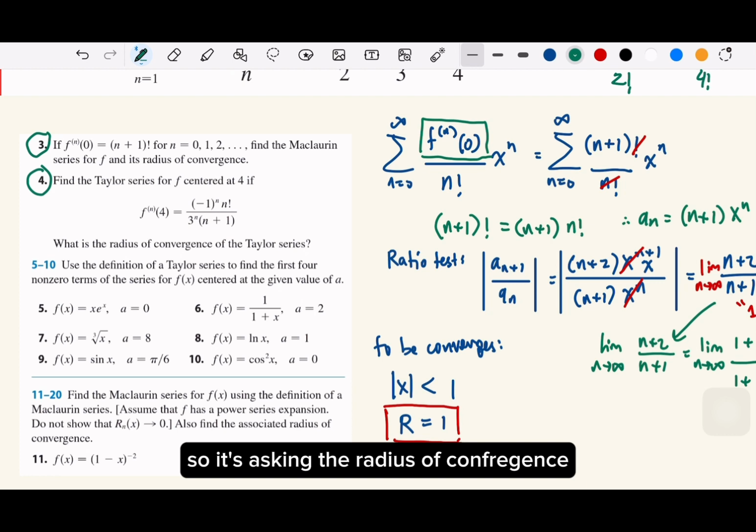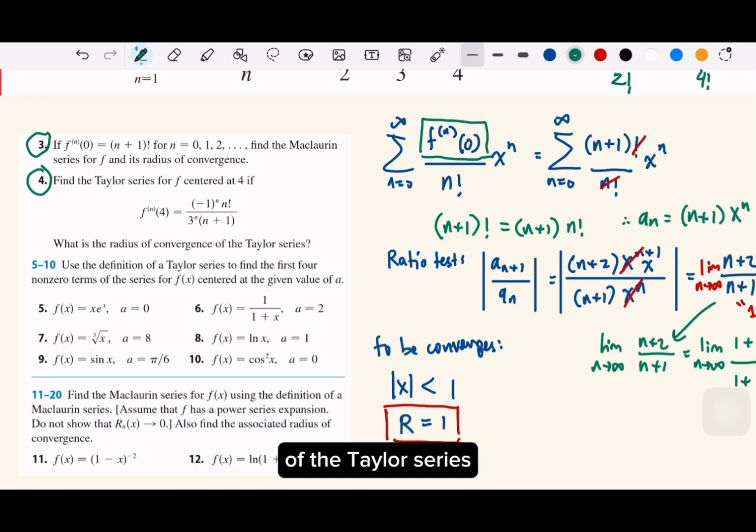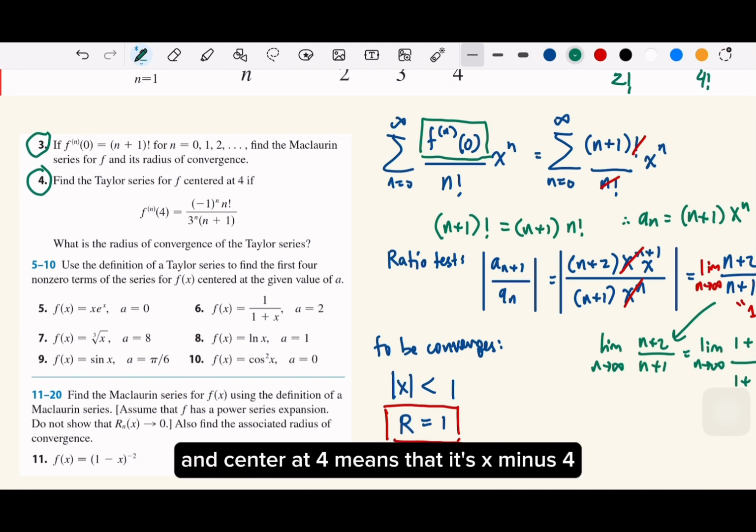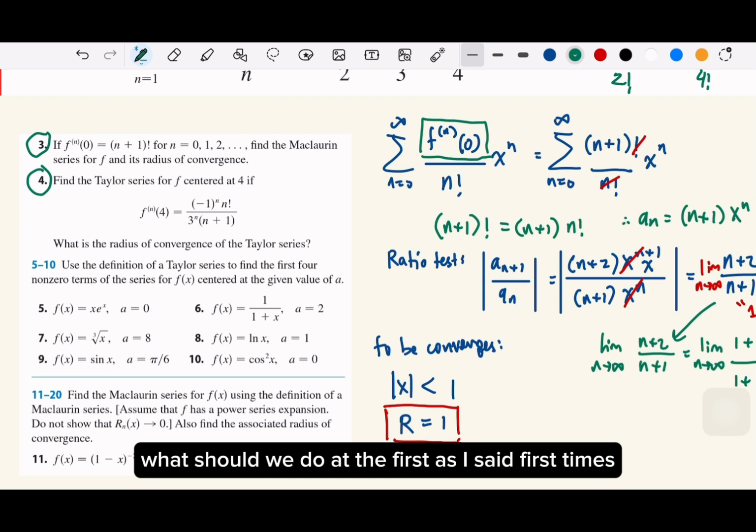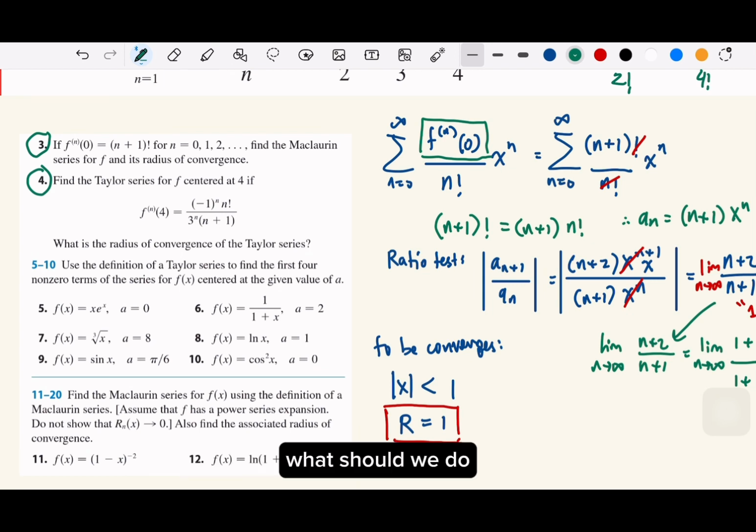So it's asking the radius of convergence of the Taylor series. It has given you the information that f is centered at 4. Centered at 4 means that it's x minus 4. So you have f^(n)(4), the n-th derivative at 4, which gives you this interesting fraction. So what should we do as the first step?